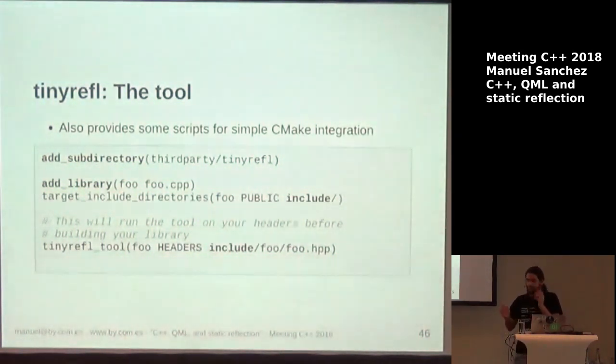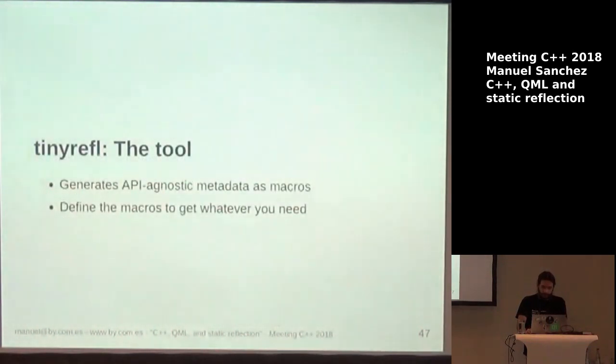And it takes care of running the tool under the hood and everything. The tool generates API-agnostic data, so you can write whatever you want by redefining the symbols the generated code uses.